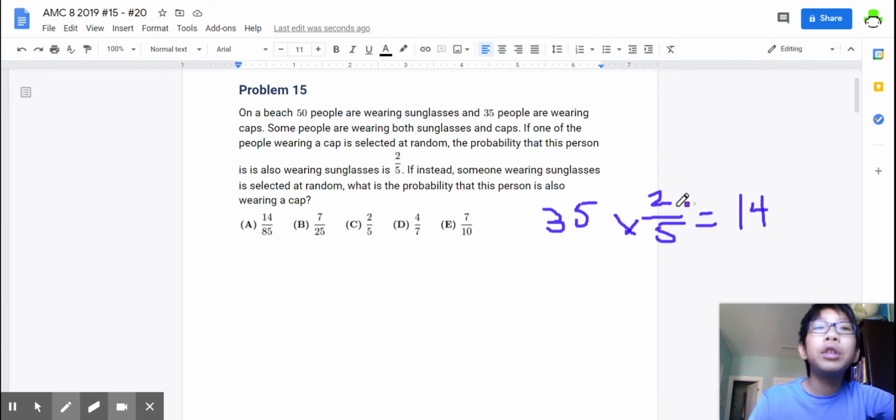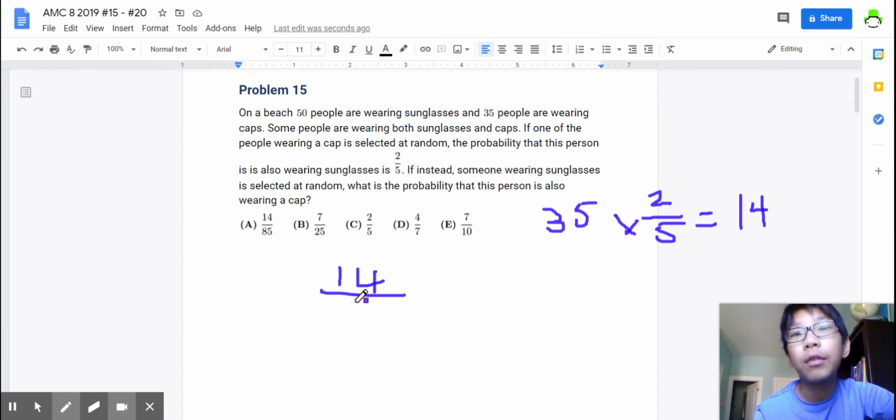So we know that 14 people are wearing both caps and sunglasses, and it says if someone wearing sunglasses is selected at random, what is the probability that this person is also wearing a cap? So the final answer is 14 divided by 50, giving us 7/25. And that is our answer B.